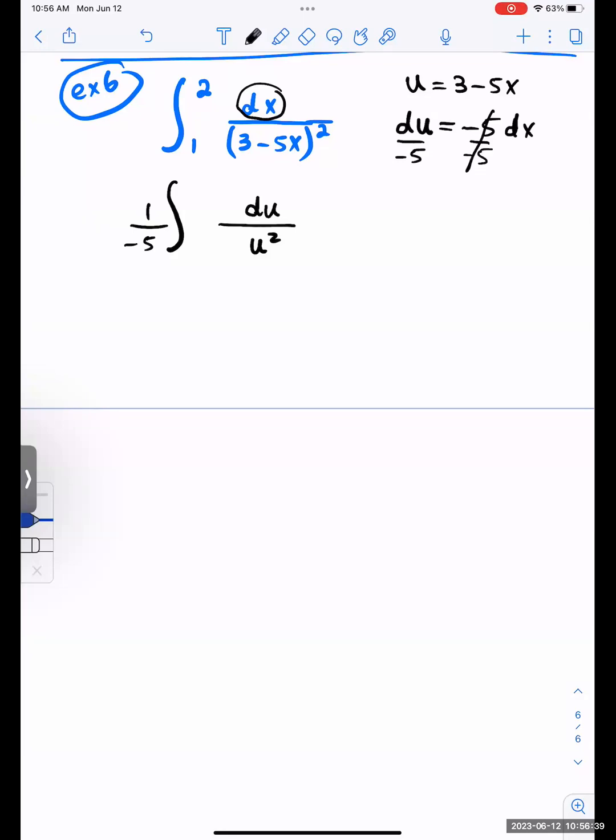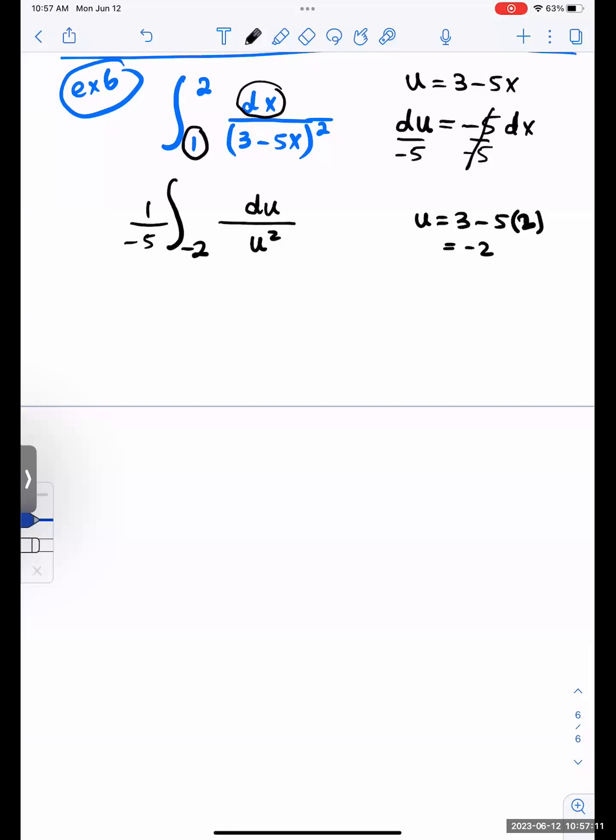So I can go on here, find the integral, substitute u back, and then calculate the limits, or recalculate the bounds. When x is 1, what is u? 3 minus 5 times 1, so that is 3 minus 5, which is negative 2. And then when x is 2, replacing it by 2, 3 minus 10, I think, is negative 7.